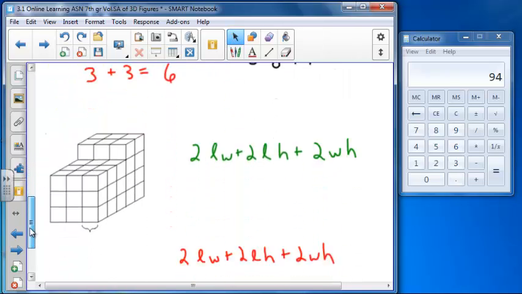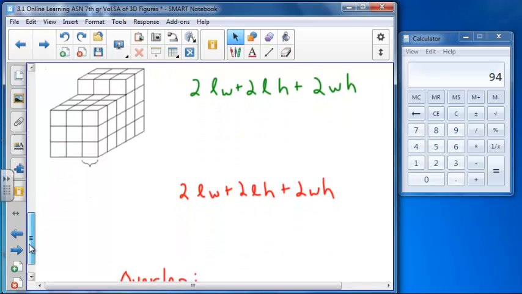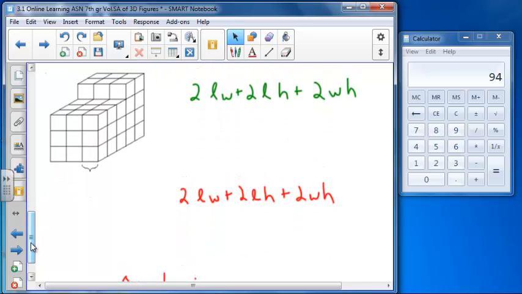Now, I suppose an alternate method would be to compute the surface area of the top and then add that to the surface area of the bottom and then remove the overlap.